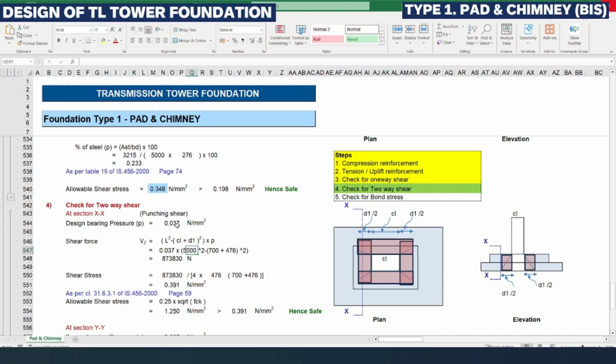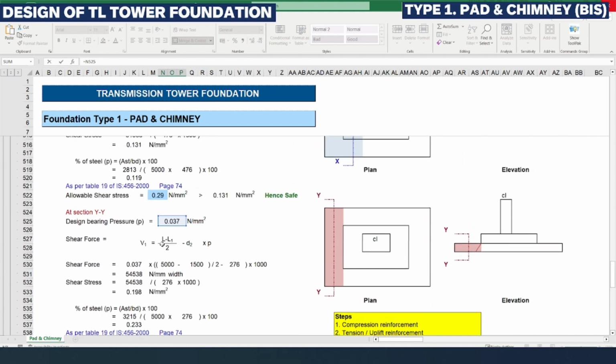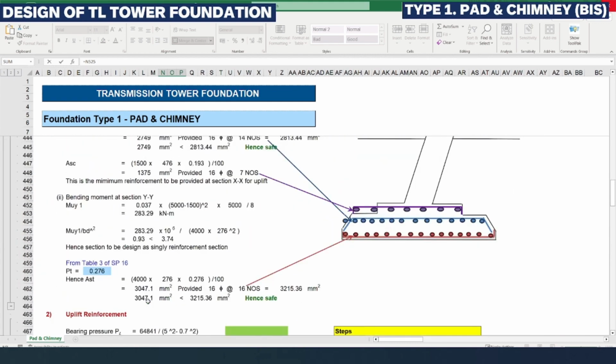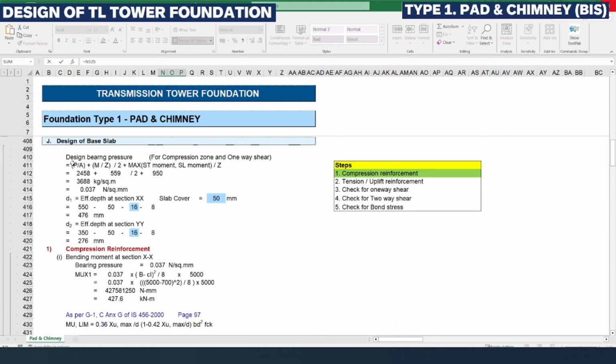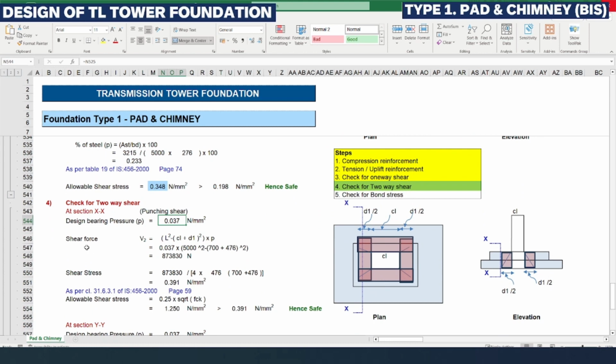For that calculation, the design bearing pressure, which we already calculated while calculating the reinforcement, was 0.37 Newton per square mm. From that we need to derive the shear forces.